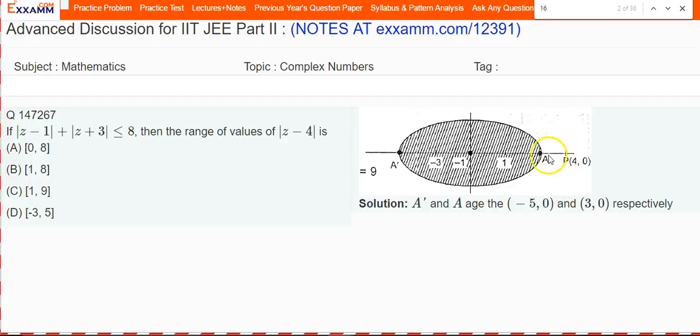Now how have I said that A and A dash would be the points representing the minimum and maximum distance of P?